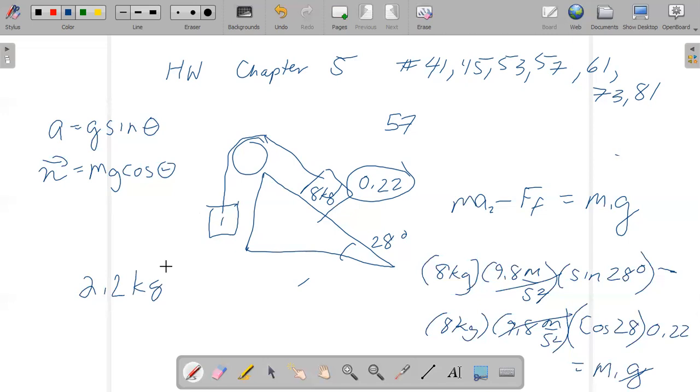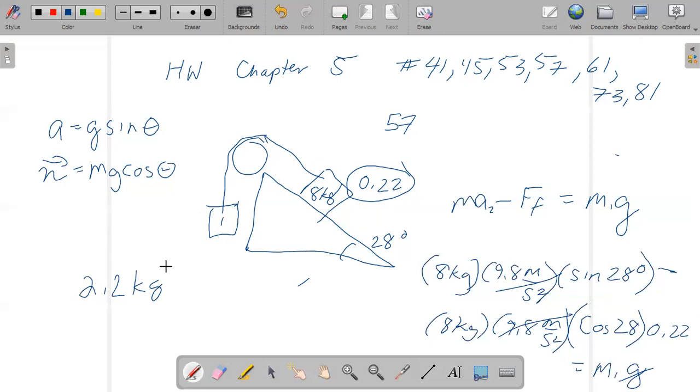So once again, you have the force pulling that block down. That part of gravity is g sine theta, always down a ramp. The normal force on an incline is always mg cos theta. And then we have a little friction, so we had to multiply that.